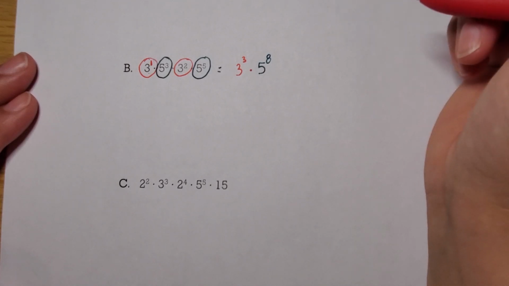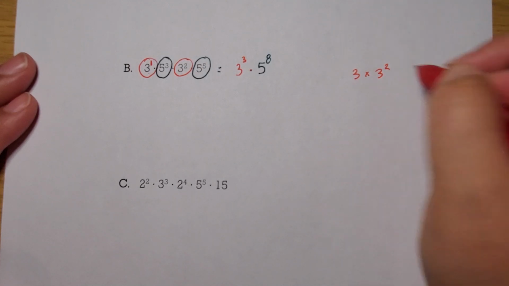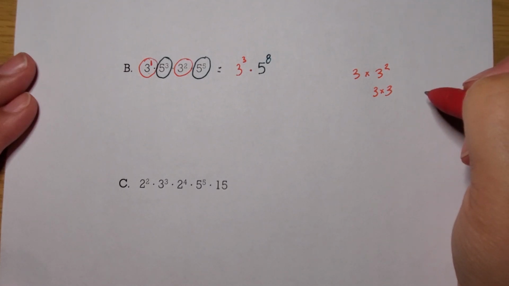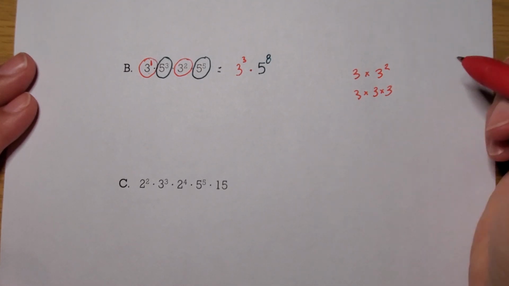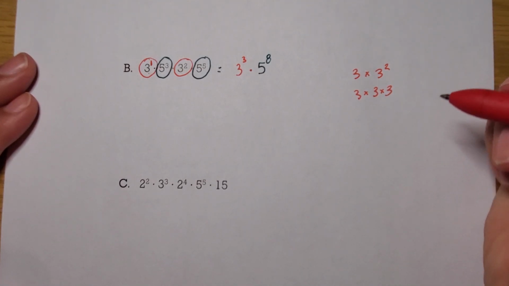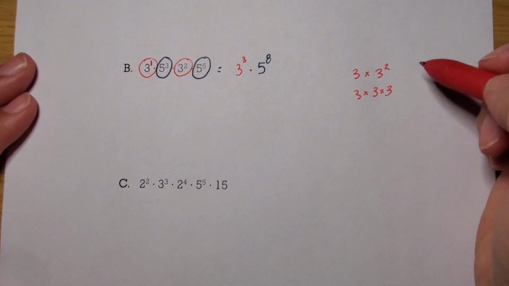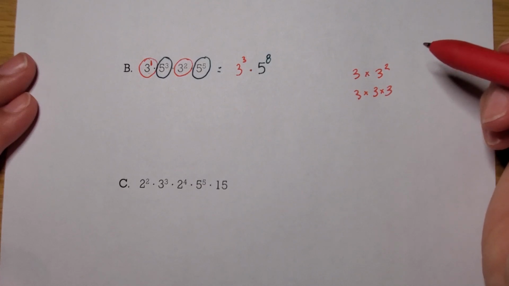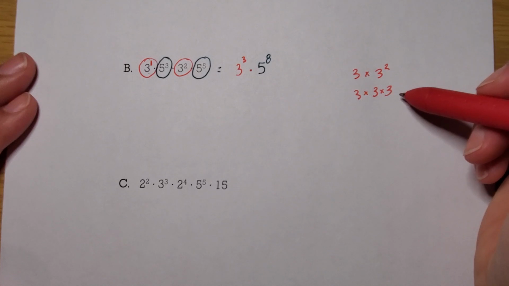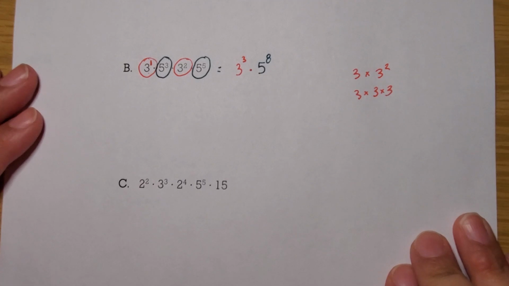If we go back to where this property came from, that makes sense, because if you have 3 times 3 squared, that means you've got 3 times 3. And if I add another 3 to that, now there are 3 of them being cubed total. So one of the nice parts about knowing definitions over memorizing properties is that if you forget a rule, if you forget a property, you can always go back to definitions of what those operations mean to help check your answer.